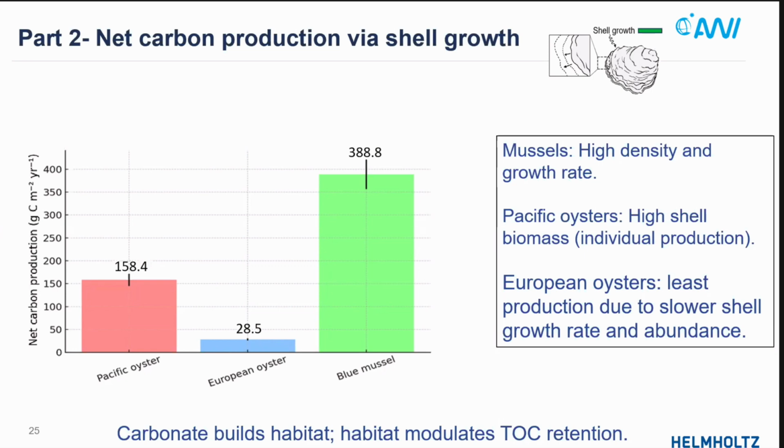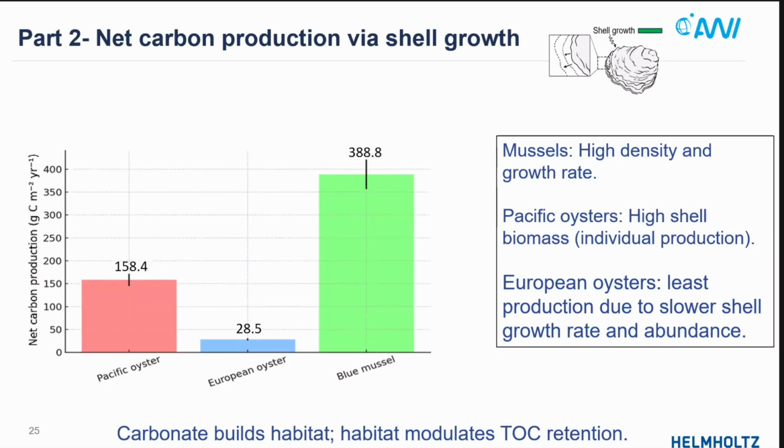Here they are generating carbon dioxide, they are not sequestering carbon. Based on the shell growth rate of different organisms, we calculated how much carbon they are producing via their shell growth, and we considered the abundance of the organisms as we observed in the field. We took a mean abundance of blue mussels as 900 individuals per square meter.